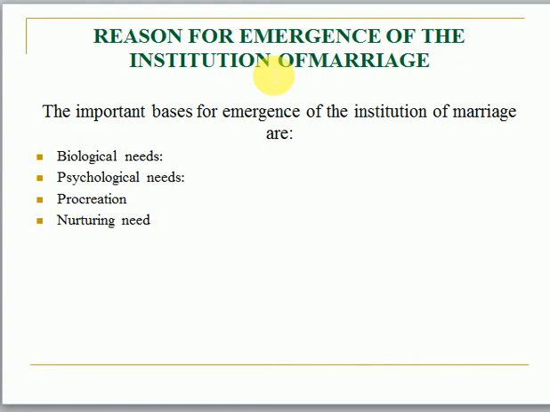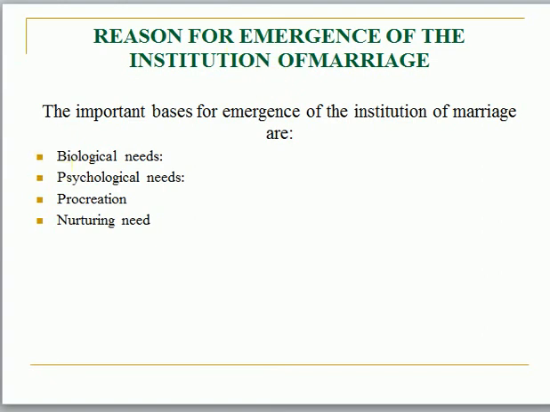They would like to fulfill the nurturing needs of newly born children who come to this new world. And the relationship that comes between these two is because of the proper socialization and nurturing needs. So these are four reasons why it is important to form the institution of marriage.